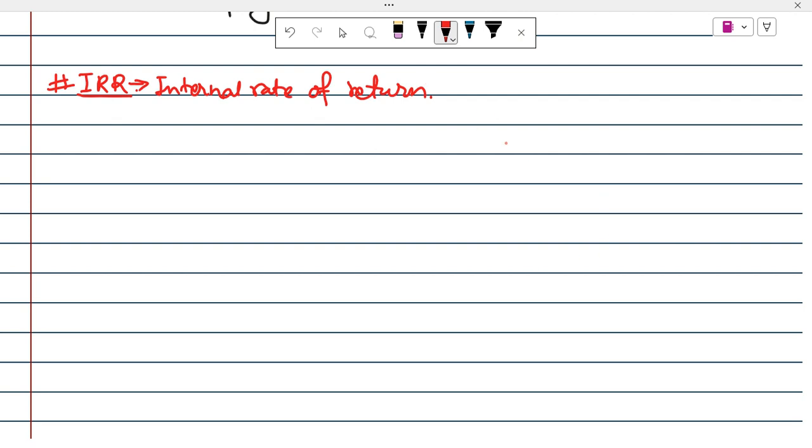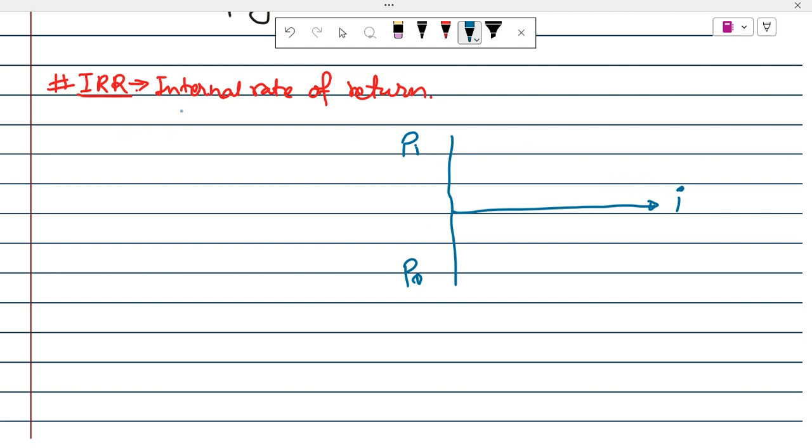Suppose we have a cash flow diagram where we have the cash inflow for the project and the cash outflow by the project, and we have a fixed interest rate i.